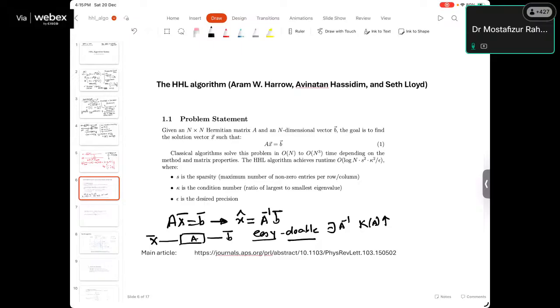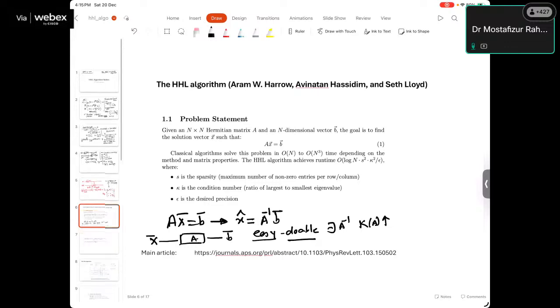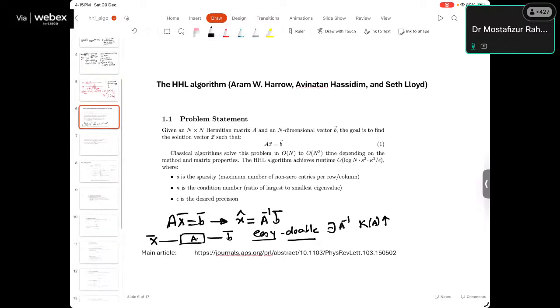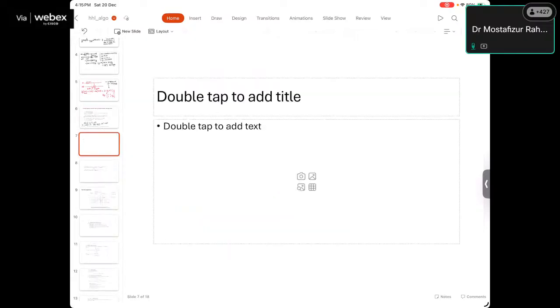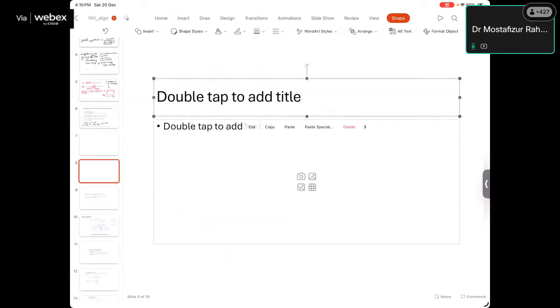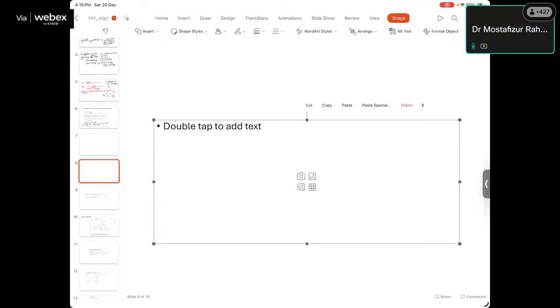And further, certain more conditions on this A. But in general, we may not get the solution of A inverse, and there are other types of things. Let me take some more slides here to discuss this problem a bit, and then I'll come to the quantum solution. Why this problem is so important.